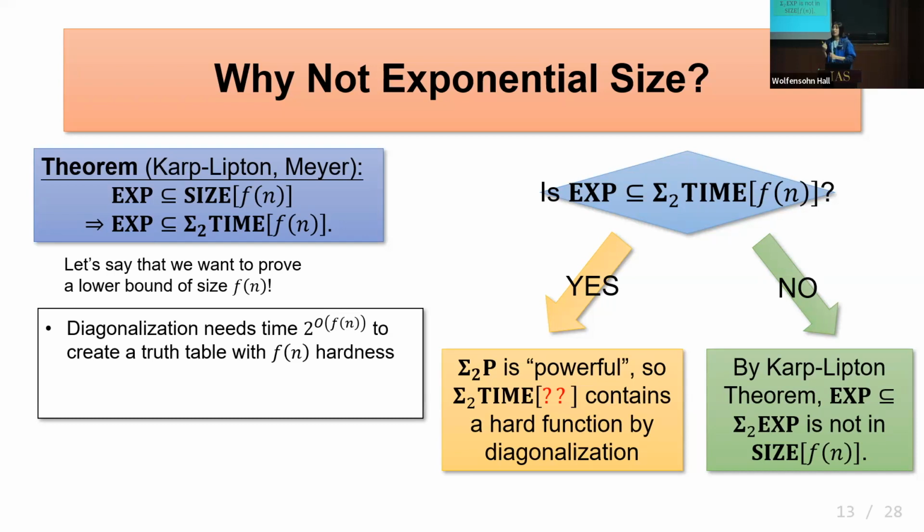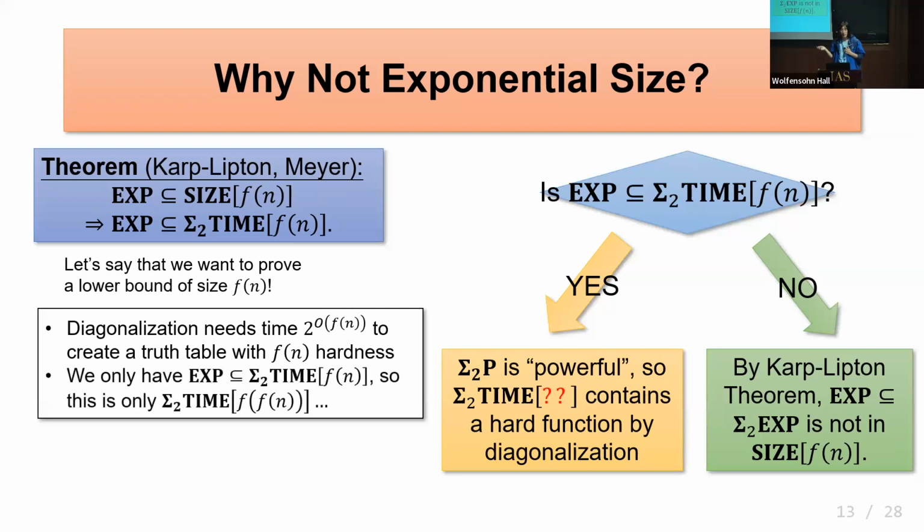We know that we just want circuit bounds of size F(n), so we need 2 to O(F(n)). I think it's 2 to F(n) log F(n) time to diagonalize and create a truth table with F(n) hardness. If we only have that exp is in sigma 2 time F(n), then in order to simulate a 2 to F(n) time algorithm, we will need F of F(n) times a sigma 2 algorithm.